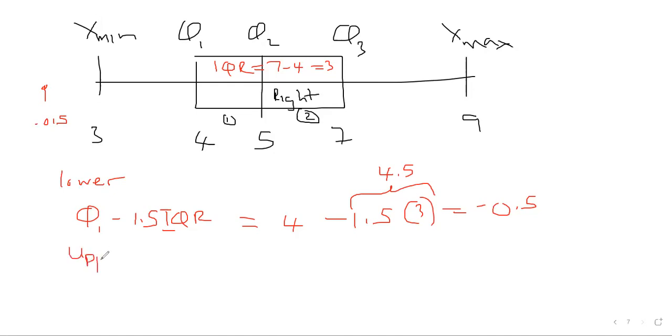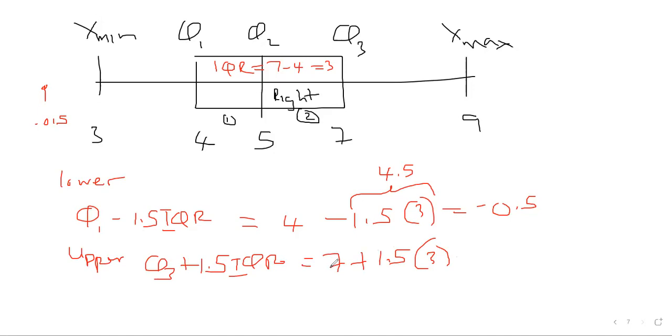Upper extreme value, we simply do what? Q3, the sign changes now, plus 1.5 IQR. Where is the 1.5 coming from? I say the standard value. So what was the upper quartile? 7. That's 1.5 IQR. So this still gives us a 4.5, which is our correction term.